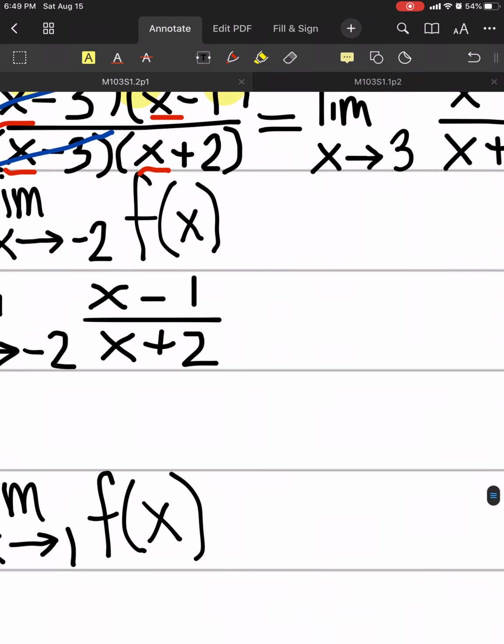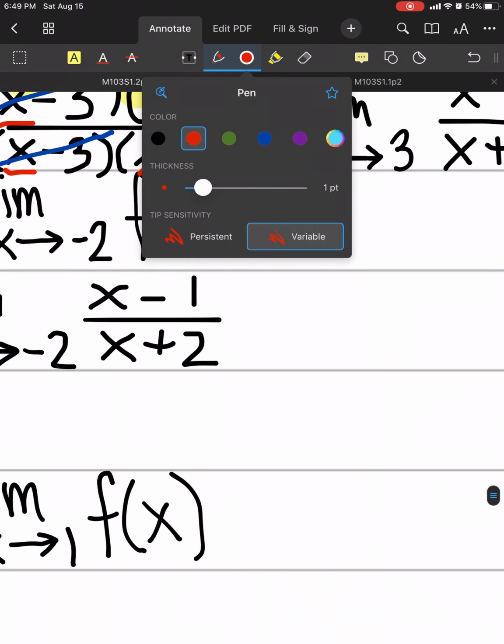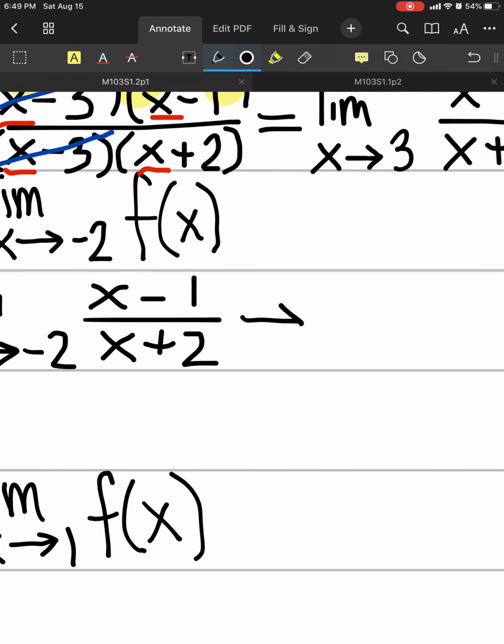If I plug it in here, what I get is going to be a little bit different, but it's not really going to matter. And let me show you why. So if I plug this in, negative 2 minus 1 gives me minus 3 on top. Negative 2 plus 2 gives me 0 on the bottom.